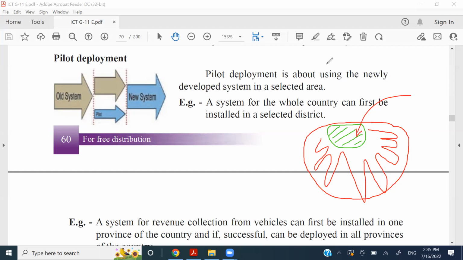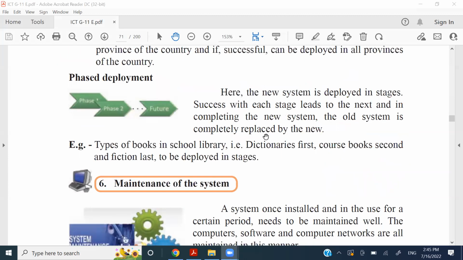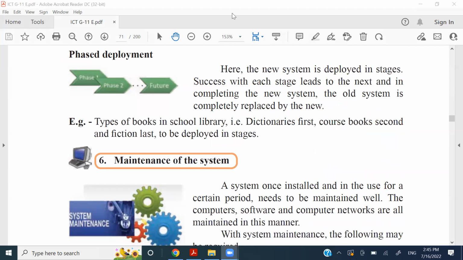And the last one is called the paced deployment. Paced deployment is something like this. Let's say this is your old system, which consists of 4 parts, and you are building a new system, something like this.